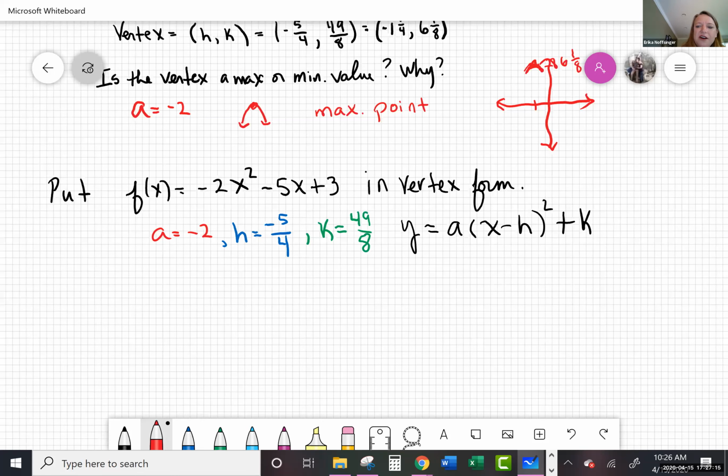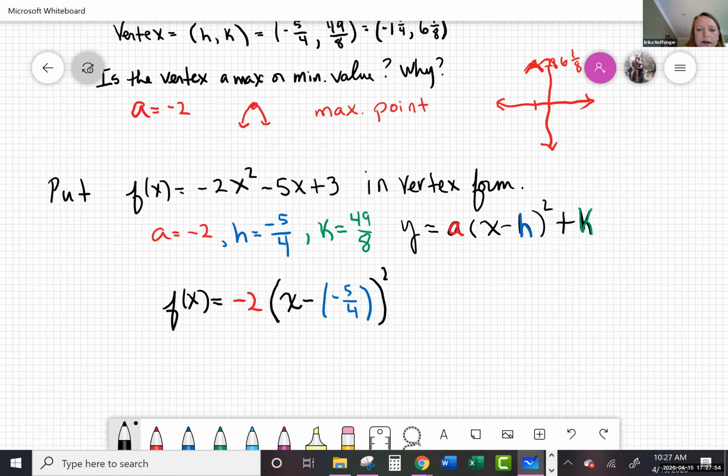So all we have to do now is go in and replace a, h, and k with what we found and what we know. And then it's in vertex form without having to go through and complete the square. So doing that, I get f of x, or y, is equal to a, which is -2, all times the quantity x minus h, which is -5/4, quantity squared, plus k, which is 49/8.